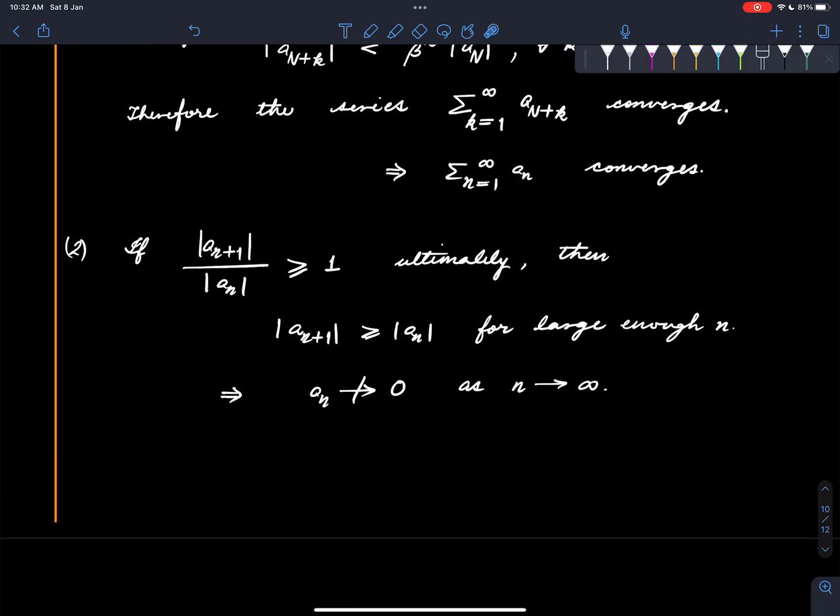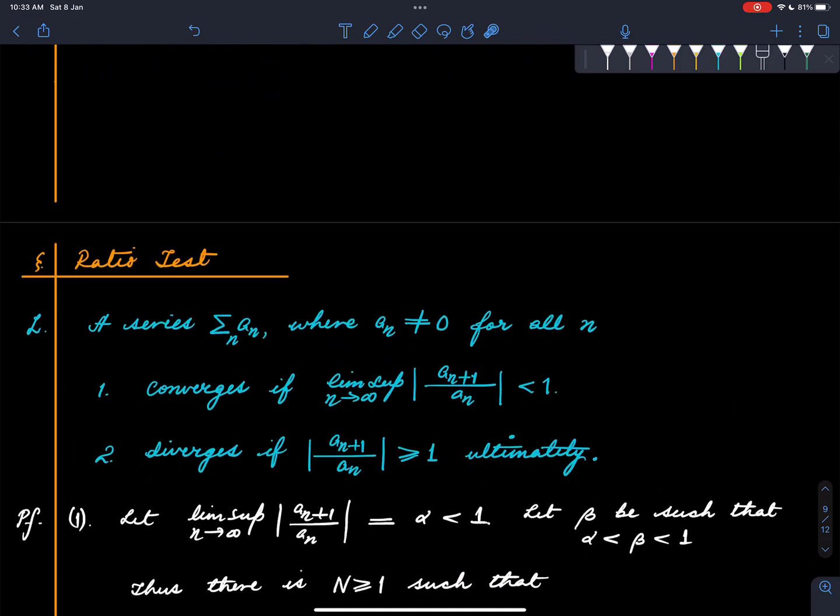So let me just say why that is. This happens for all large enough n. So you fix some capital N, and we'll see that |a_{N+1}| is greater than or equal to |a_N|, and by the same token this will happen, and then this will happen. So we see that the terms cannot converge to 0 because they are dominating some positive quantity.